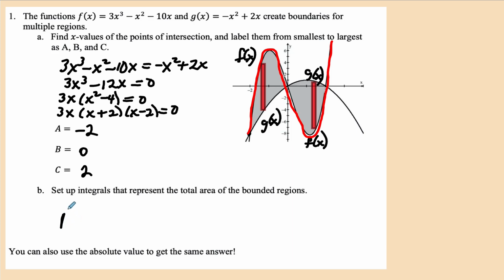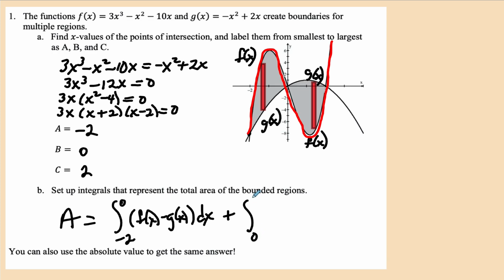We can actually, the area can be equal to the integral from -2 to 0 of f of x minus g of x dx. And if I want to continue my f of x, g of x, I just have to know that that's going to be a negative value, and I have to intentionally decide I am going to put an absolute value there so that I don't cancel out area here. All right.